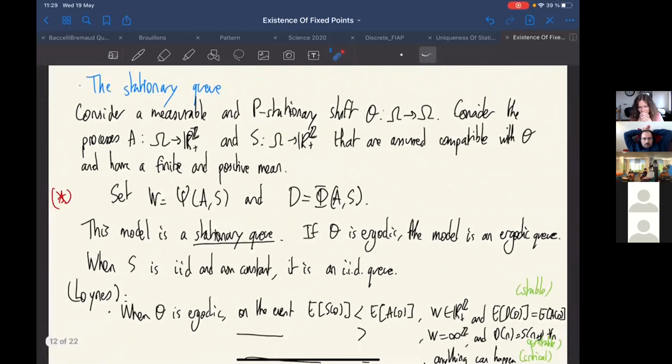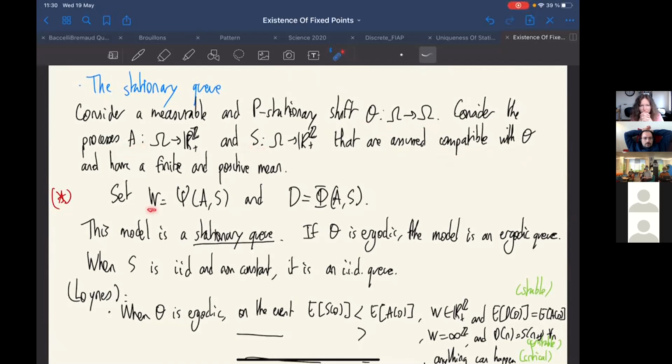Now we're going closer to actual queuing theory. We're defining the stationary queue, which is basically the stationary version of the previous queue. You consider a stationary shift on your probability space. You consider processes A and S, which are assumed compatible with your shift and have a finite and positive mean. We call these the stationary arrivals process and the stationary service process.